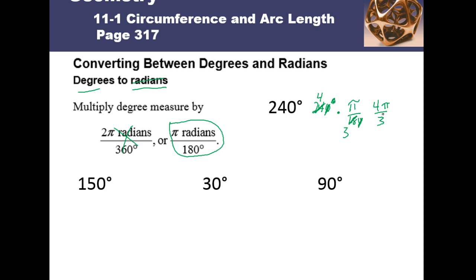Now I'm going to show you how to do that on your calculator. You're going to do 240 divided by 180, and you're going to get this weird decimal, 1.33333333. Some of you might recognize that as 4/3, but I'm going to show you how to use the fraction button on the calculator.